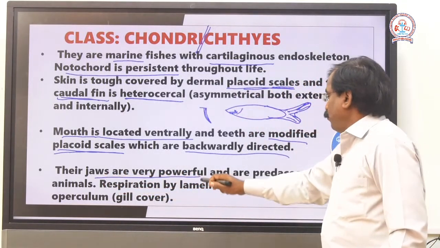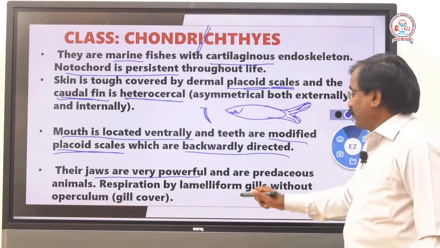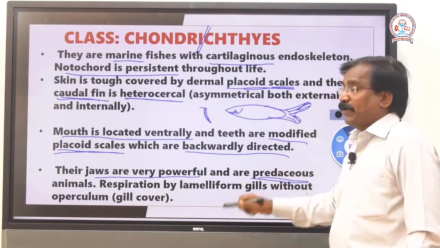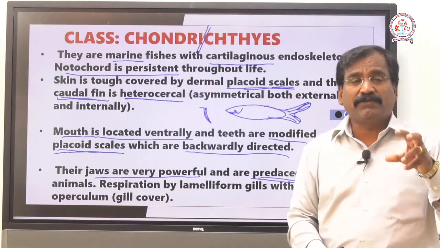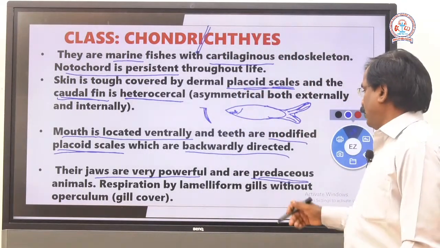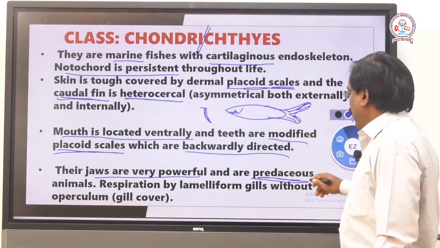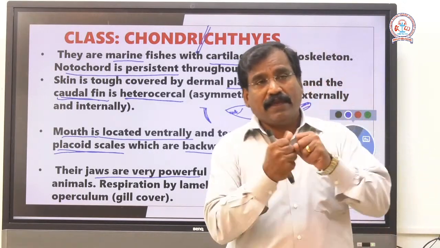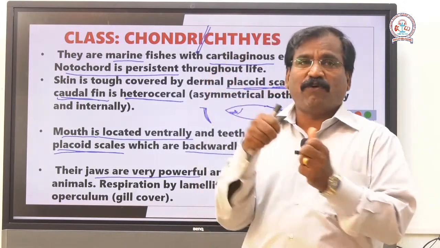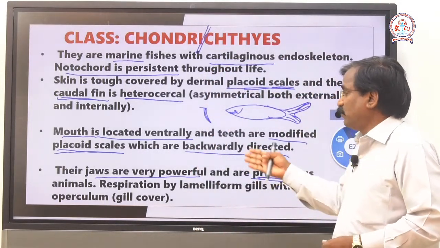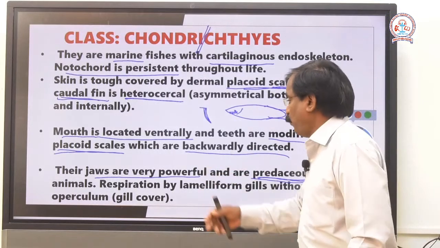Jaws are very powerful because they are predaceous. Predaceous means predator, so they kill other organisms and eat them. Like the jaws of the tiger and lion, which are powerful because they are predators. Similarly, this is predaceous, so the jaws are powerful.